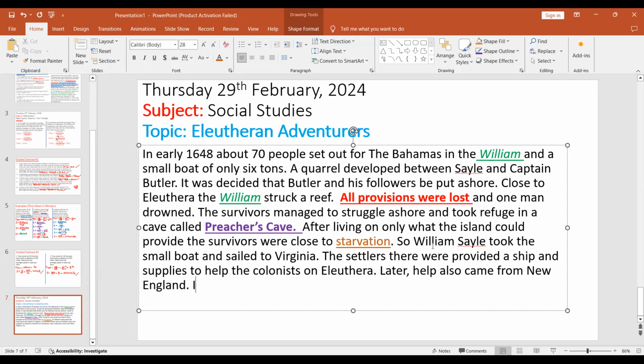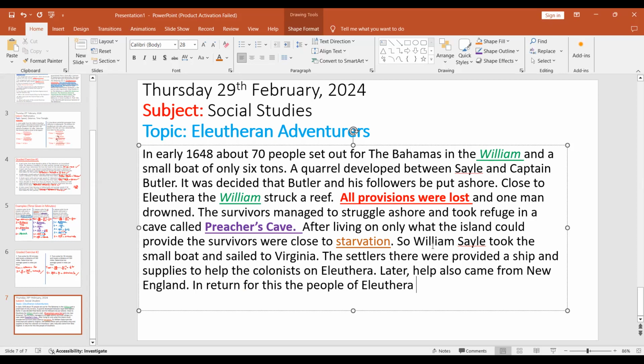In return for this help, so they aren't giving you any for free, the people of Eleuthera gave them something in return. Do you know what they gave them in return? Gold, must be.